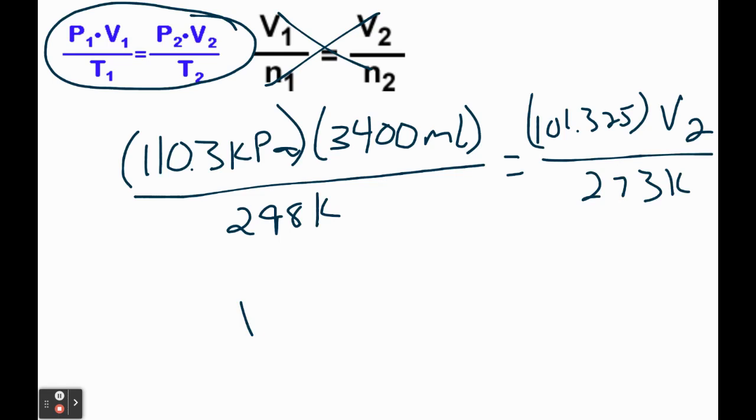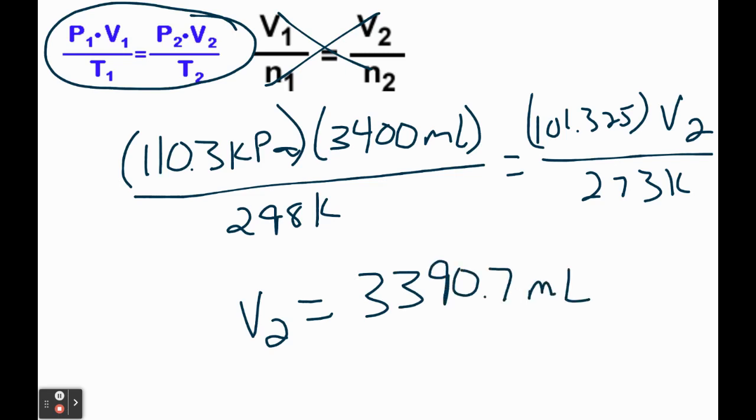And you're going to solve for V2, and you should get 3,390.7 milliliters.